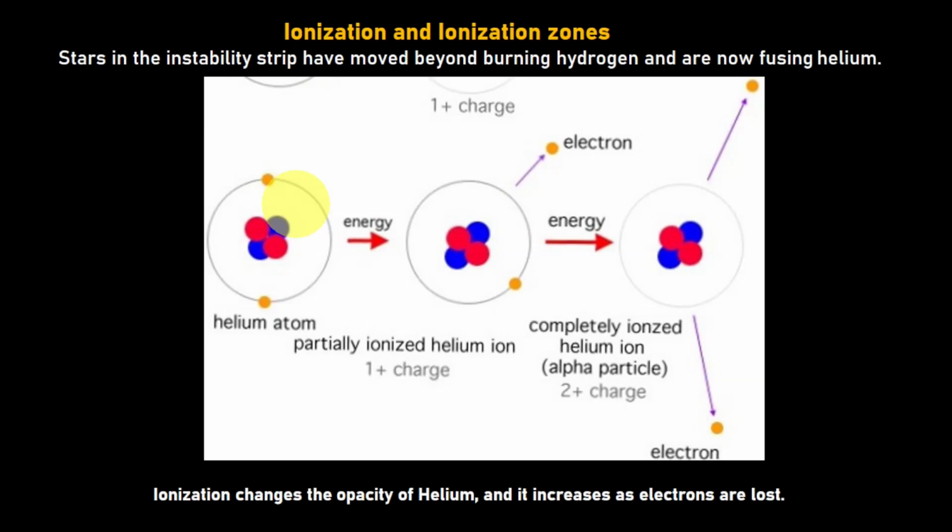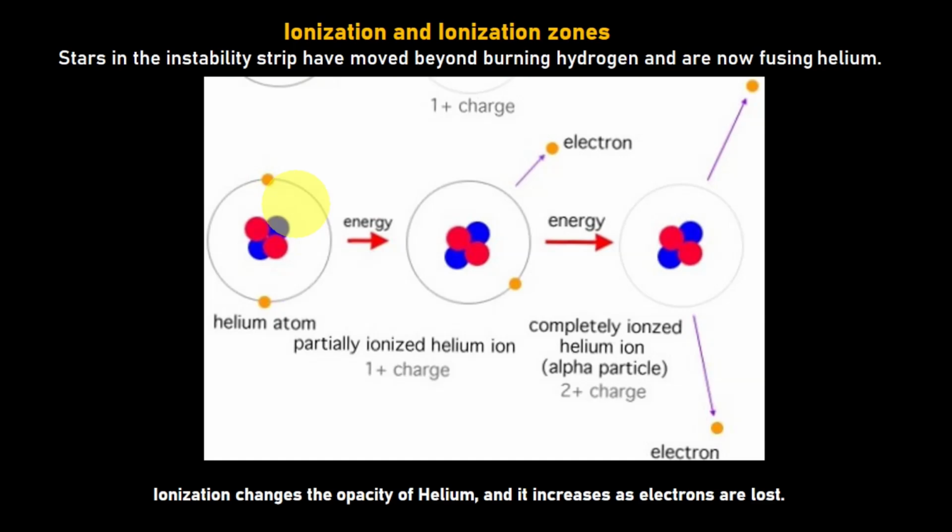So an opaque object does not allow light to pass through. Completely ionized helium does not allow light to pass through. Partially ionized helium allows a little bit of light to pass through. Then helium atoms are just transparent to light.